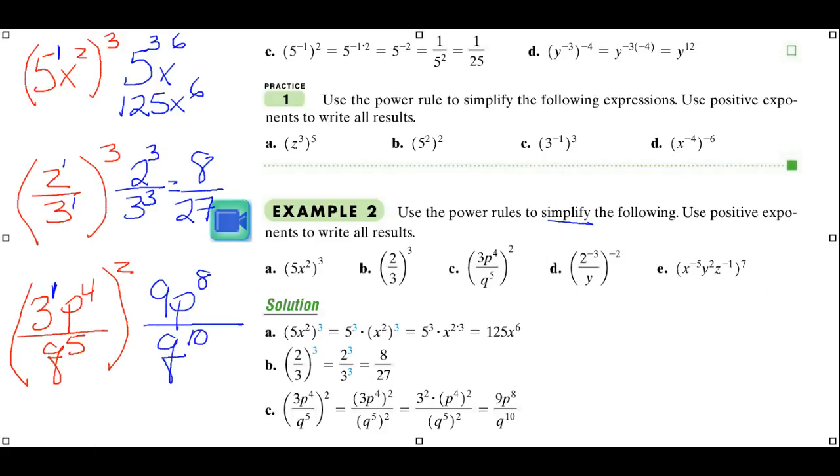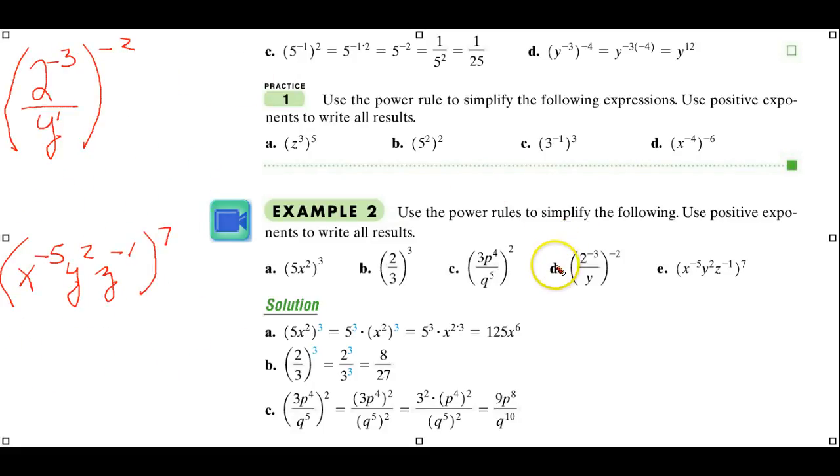Okay, we see some of the work there, and then we'll do these, and we won't see the work till the other page. So as we do D and E, let's do D first. We may have to do some preliminary stuff. This is going to be 2. Now negative 3 times negative 2 is a positive 6. And this is y to the first times negative 2 will be y to the negative 2.